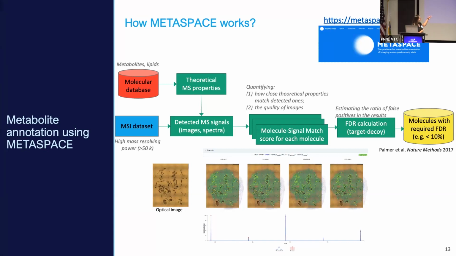It checks how well the spatial image correlates with each of those isotopic peaks, and also how well the relative abundance of each of those isotopic peaks matches between experimental and theoretical. The next thing is to estimate the ratio of false positives, the FDR calculation. After that, we do some QC to set up the threshold, so we keep the ones that have an FDR lower than 10%.